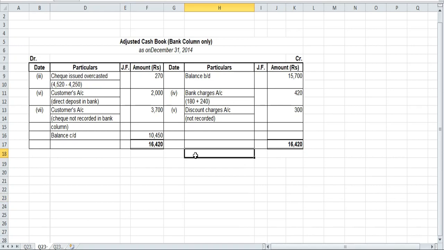Why? Because in the next period this will become the opening balance, and so we'll write on this side. You have learned in the ledger, 10,450. So now it becomes what balance? Credit balance of amended cash book. If the balance would be CD here, then it will be debit because it will come on this side. Since it is CD on this side, the BD will come on credit.